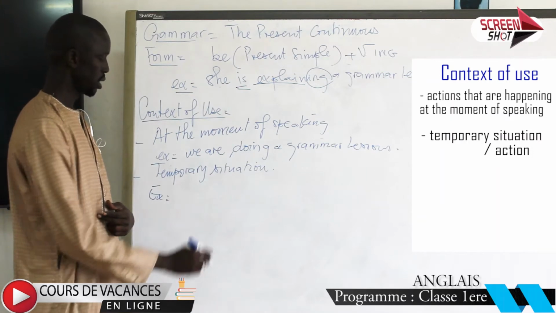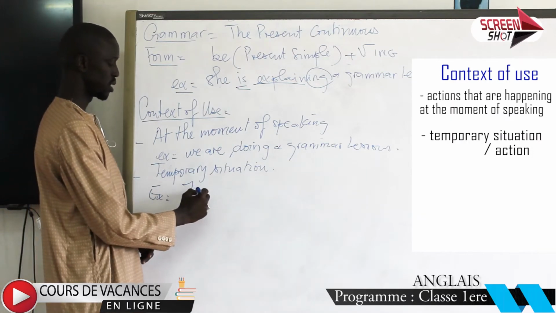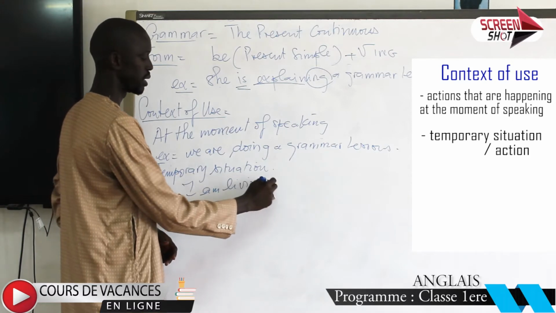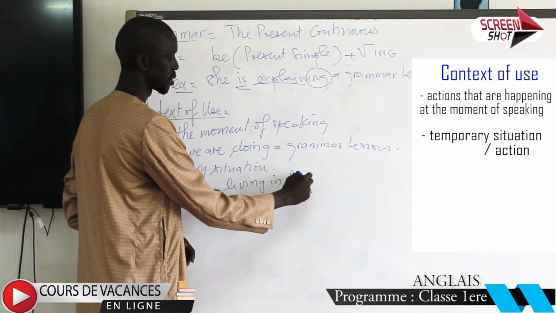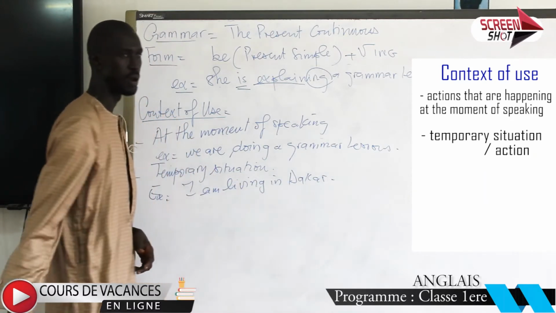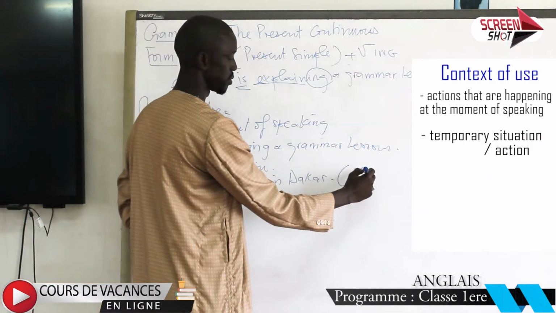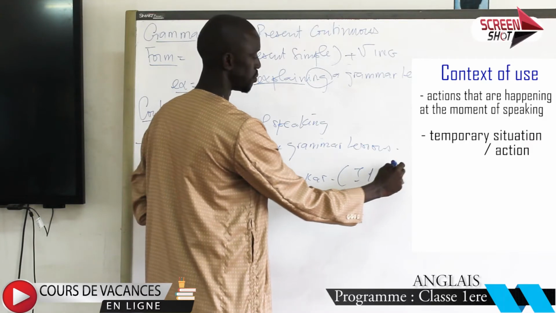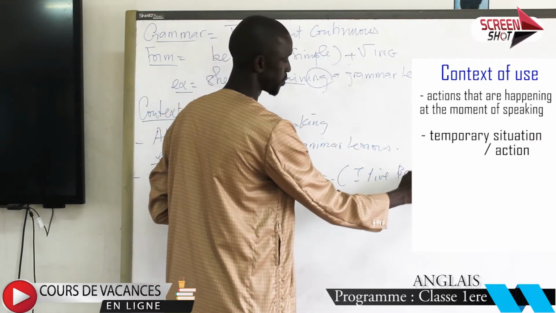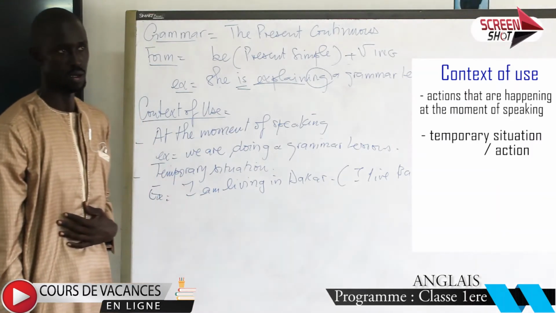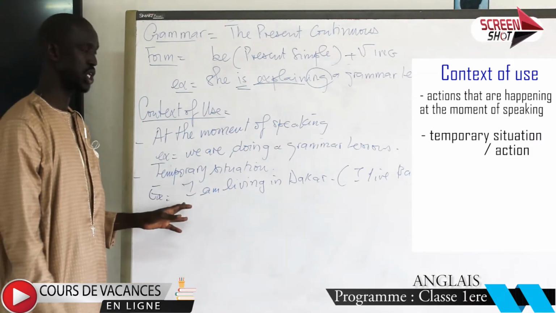So here, what I have to say is, I am living in Dakar, but I live in Bargny. I live in Bargny, it means I'm from Bargny. That is what we call a permanent and a temporary situation.